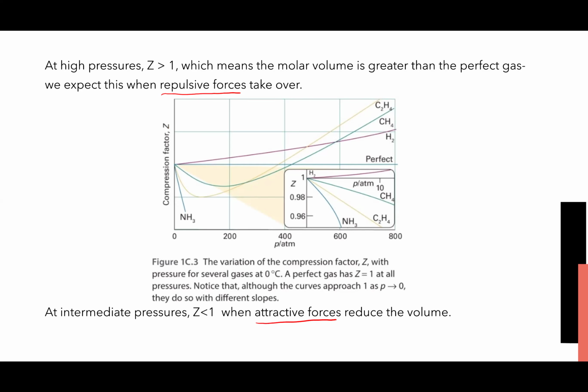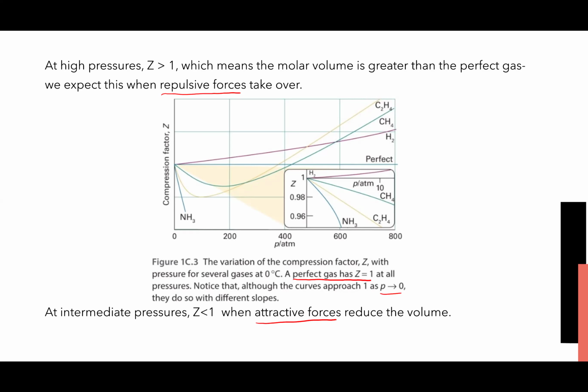You see a lot of different plots of compression factor for different gases and different pressures. Again, a perfect gas has Z equal to 1 at all pressures, but all of these approach 1 as the pressure goes towards 0.